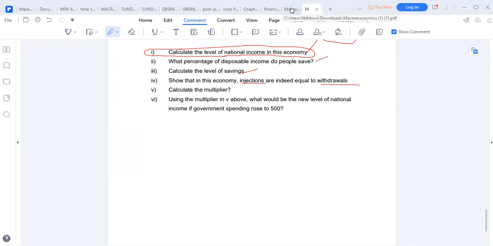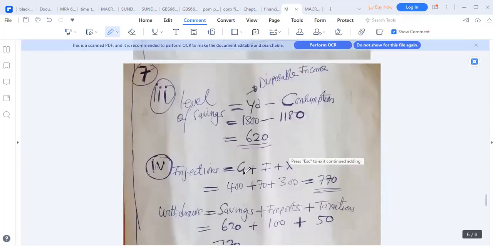Injections are the government expenditure, the investment, and the exports.